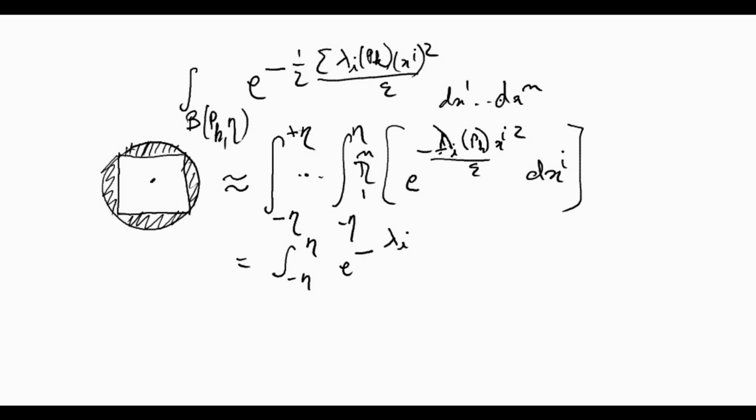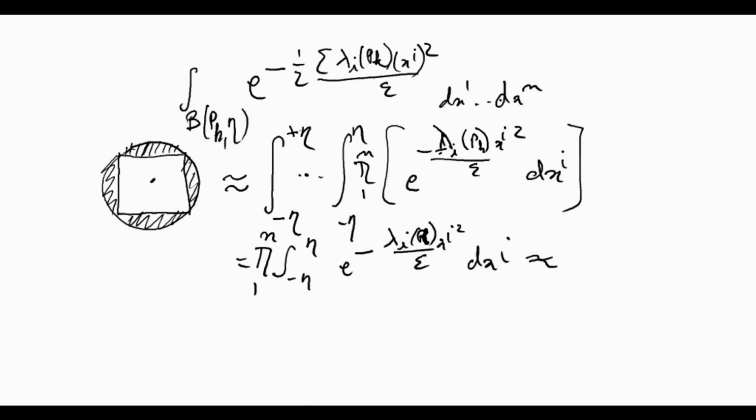Actually, this is not exactly the product because the lambda_i are not necessarily all equal, so we write it in this form from 1 to n.